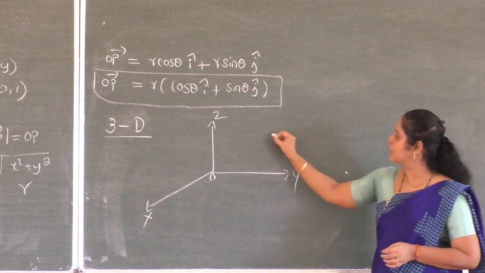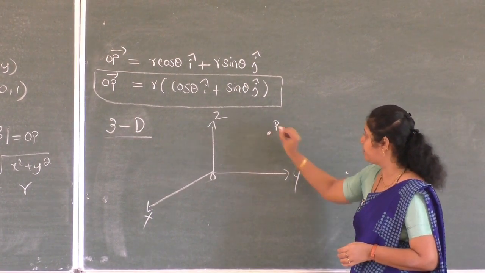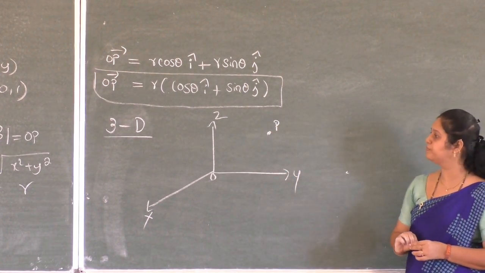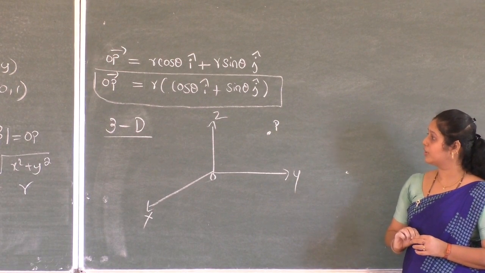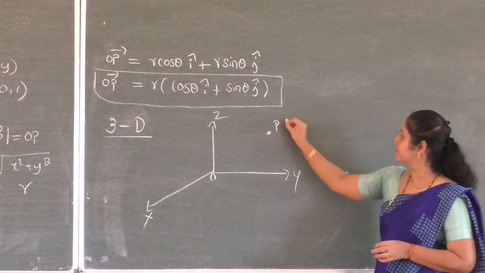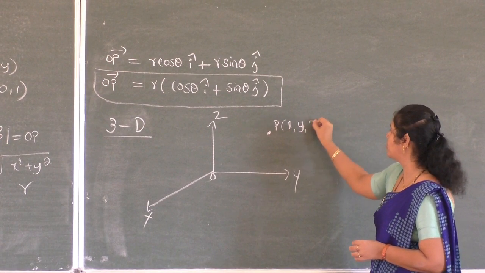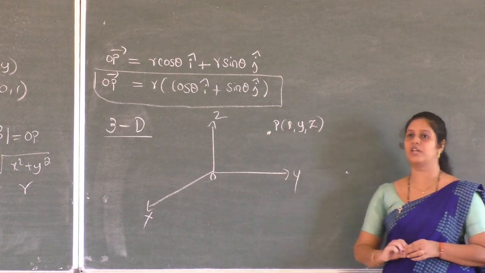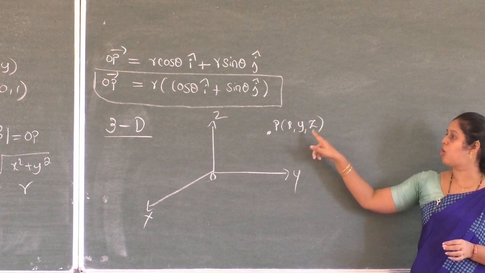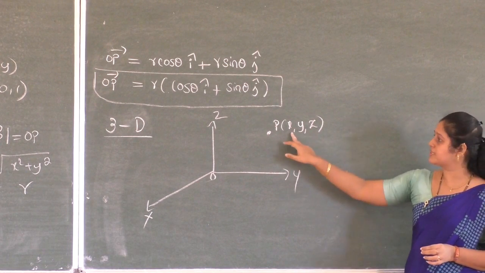Similarly here, if I write one point P in 3D space, then the coordinates of P are x comma y comma z, an ordered triplet. So what is this x coordinate?